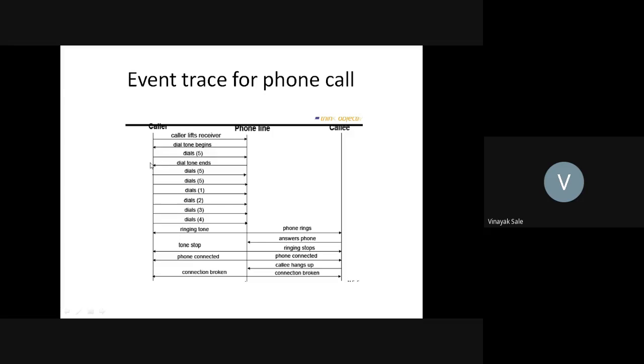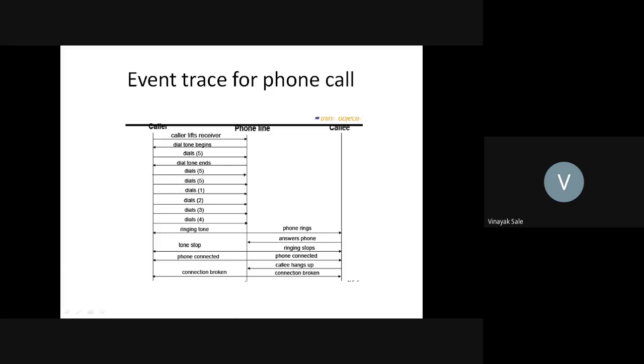Then the caller replies to the phone line by dialing a number, so the dial tone ends. After dialing a particular number, if the number is valid, then the phone line gives the ringing tone to the caller as well as the phone rings at the callee.